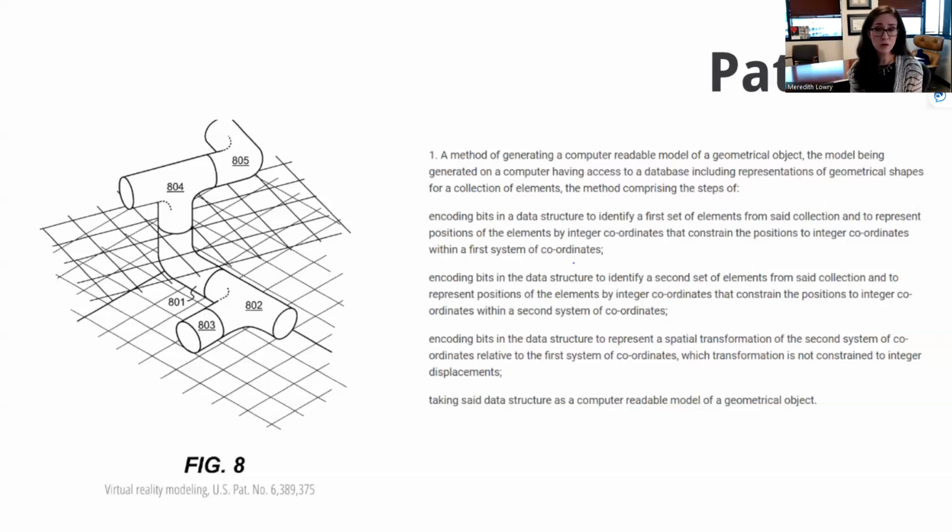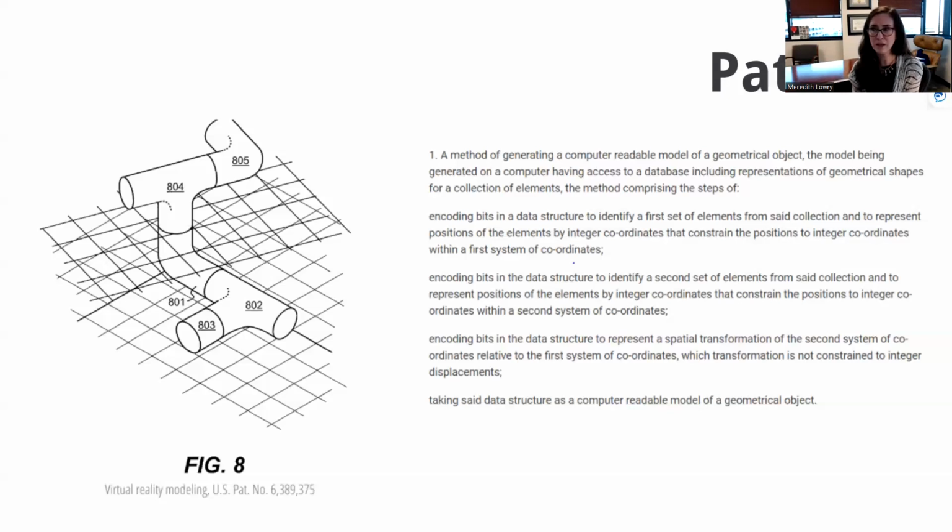Sometimes there's more. Every filing gets 3 independent claims, or less. And then you can buy additional independents if you wish, and 17 dependents.